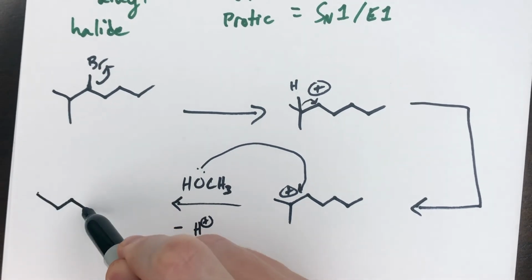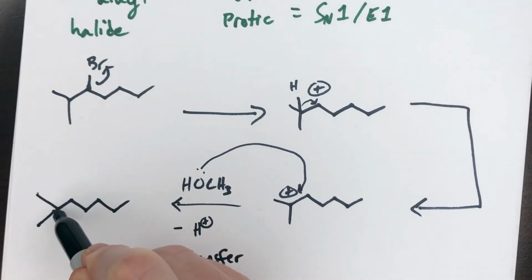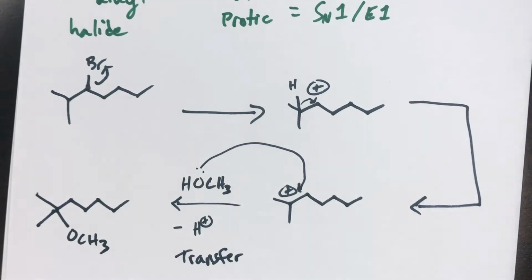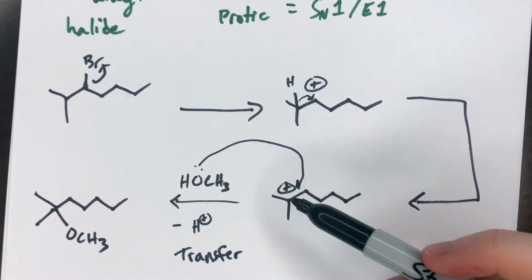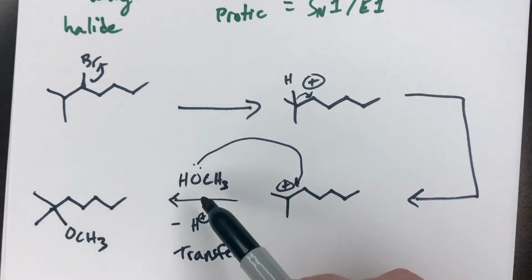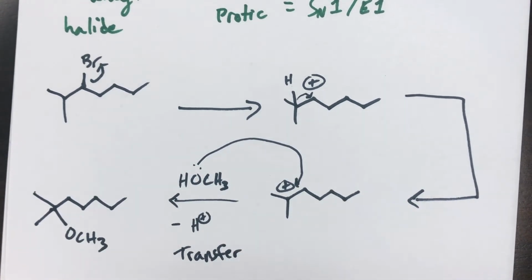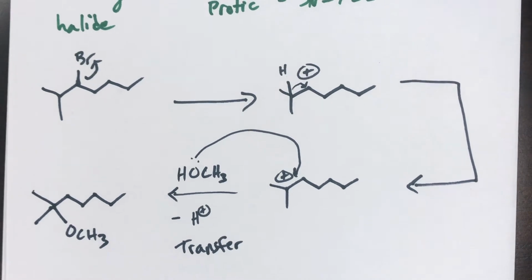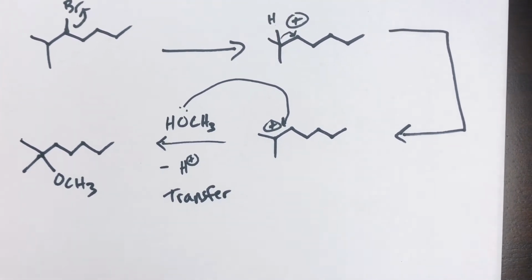So this is the product, right? We have our methyl groups at that position as well, and then the OCH3. Again, we lose the H because of the proton transfer step that I'm not drawing here, but I'm just describing with words and illustrating with just the text there.